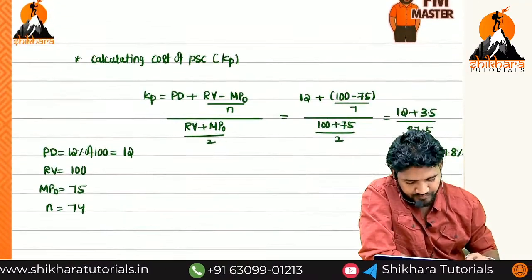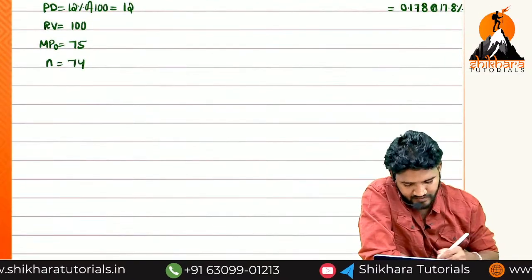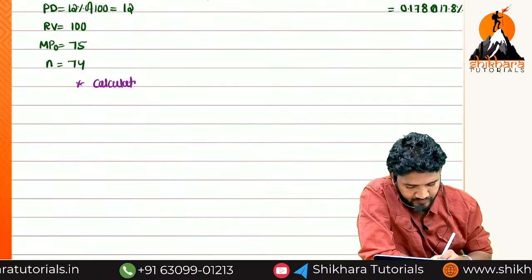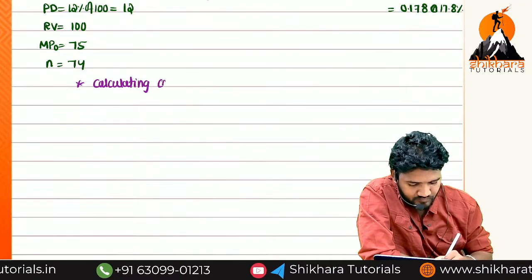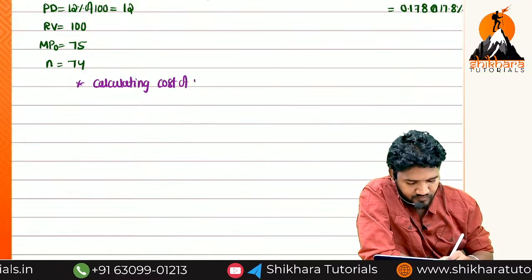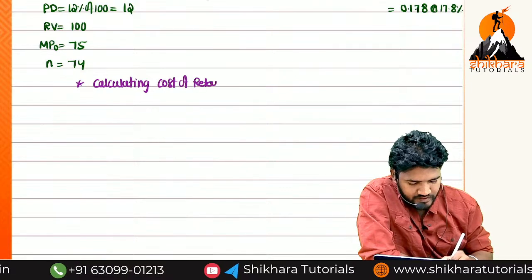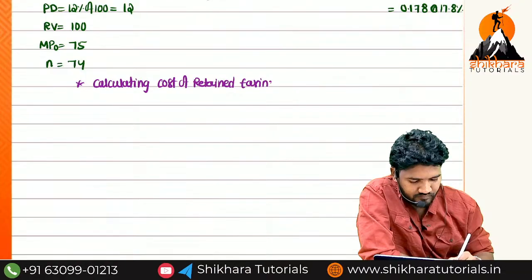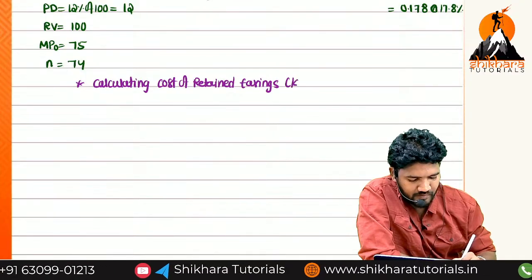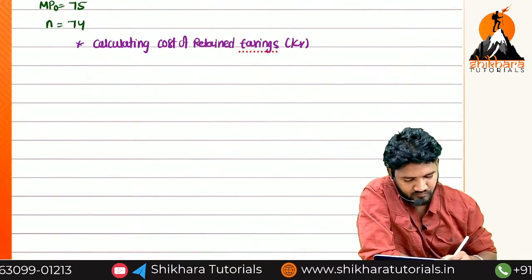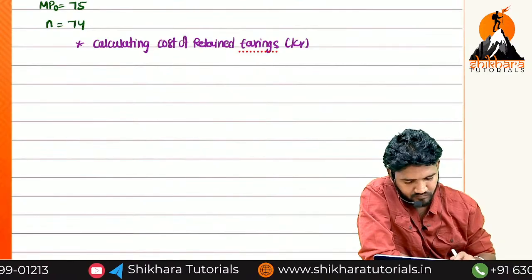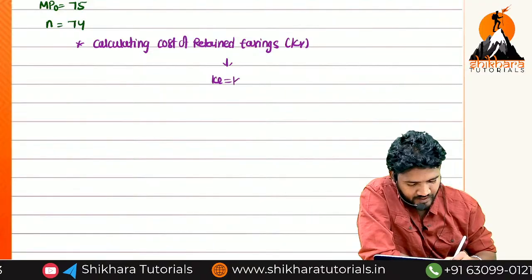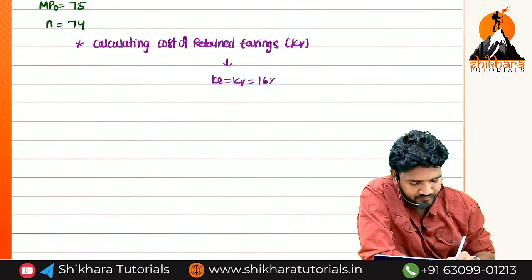What next? Here, calculating cost of retained earnings, that is nothing but KR. K is nothing but KR, that is nothing but 16%.